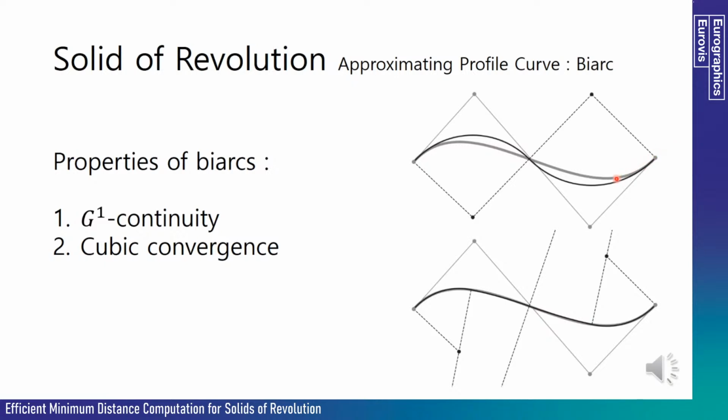Thus, they preserve the G1 continuity of the original curve. Also, they approximate the original curve with cubic convergence. Therefore, if the curve is subdivided at the mid-parameter, the approximation error is reduced by 8 times. These useful properties of bi-arc approximation make our algorithm very efficient.